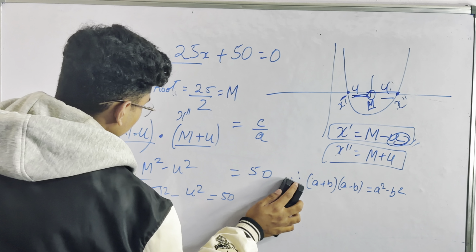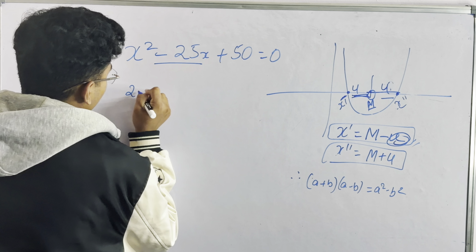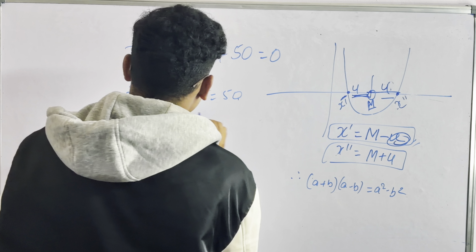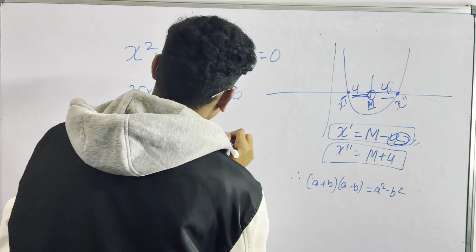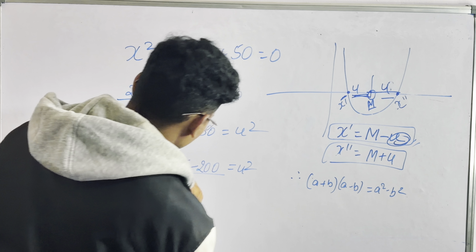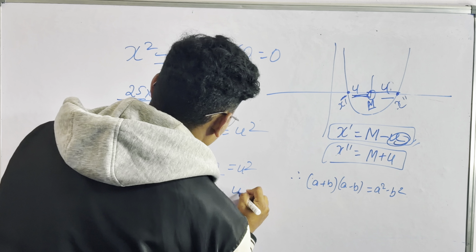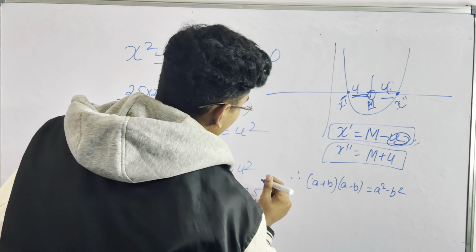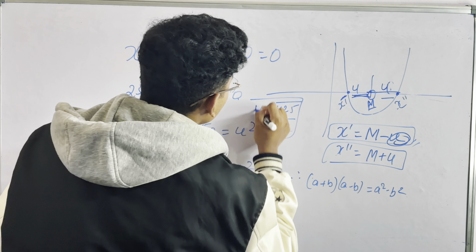We get 25 by 2 whole square, 625 by 4, minus u square equals 50. So u square is 625 by 4 minus 200 by 4, which is 425 by 4. So u is root of 425 by 2.